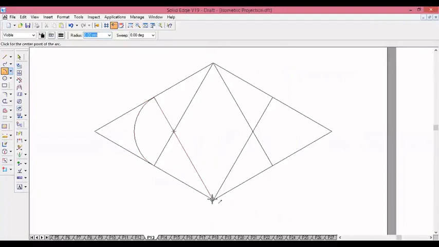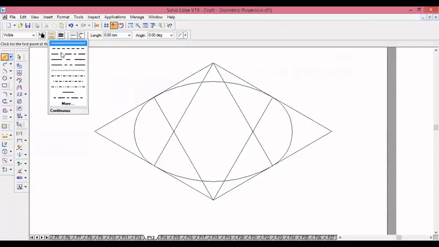This is the first arc, this is the center, and this is the radius. Second arc; the intersection of these two will be the center for the third arc. And finally, this is the center, this is the radius.